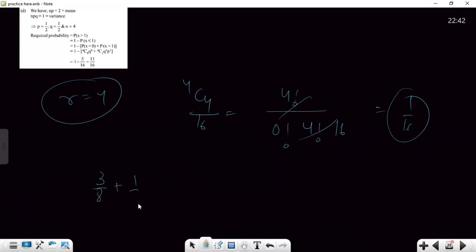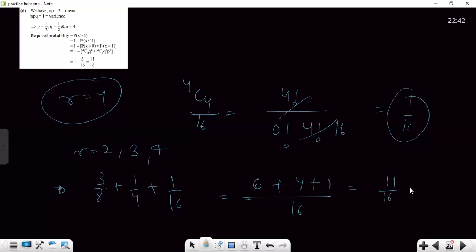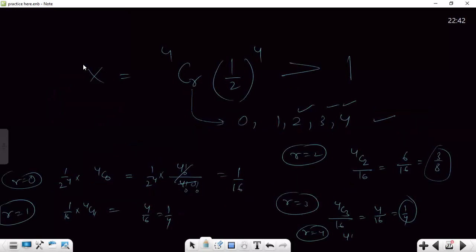These are the probabilities we have to consider when R is taking more than 1. Taking LCM 16: 8 2s are 16, so 3 2s are 6; 4 4s are 16, so 1 into 4 is 4; 6 plus 4 is 10, plus 1 is 11. So 11 by 16 is our answer, which is given also.